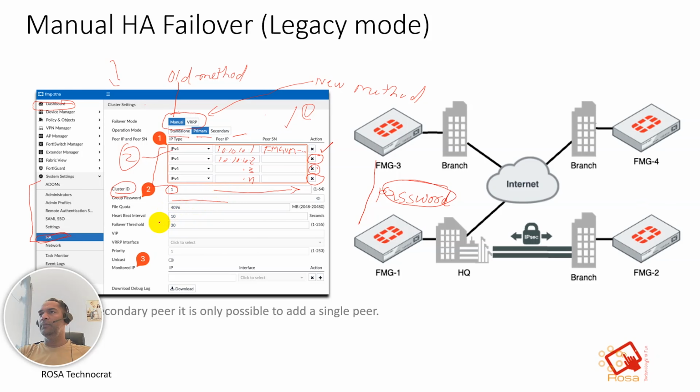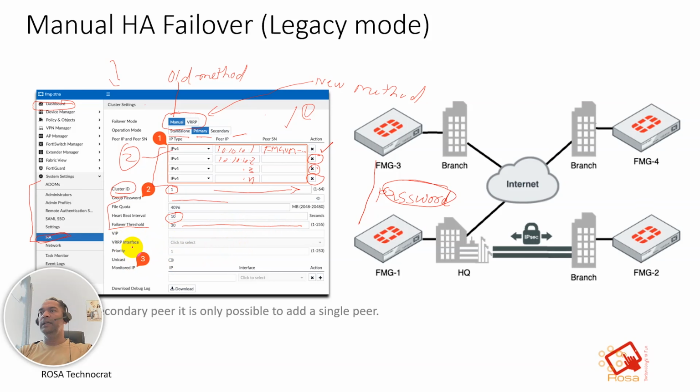Then there are the default parameters: file quota, heartbeat, failover threshold. The heartbeat interval means every 10 seconds they send keepalive or heartbeat packets to each other. For the failover threshold, 30 failed heartbeats will result in a failover, or the primary going down.